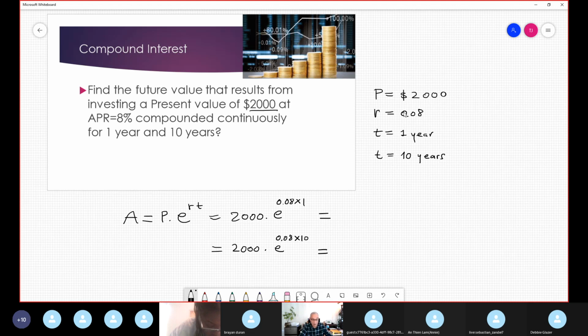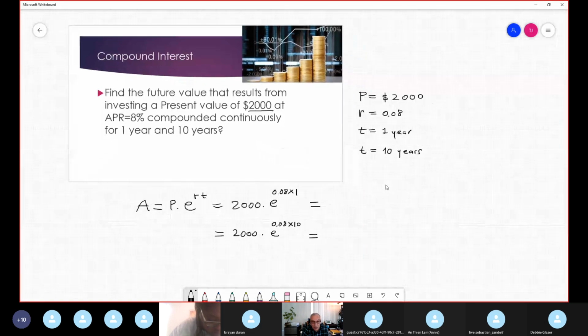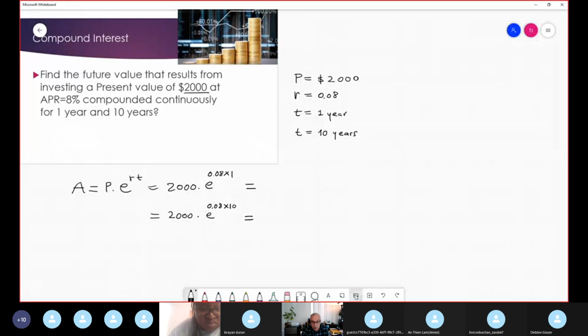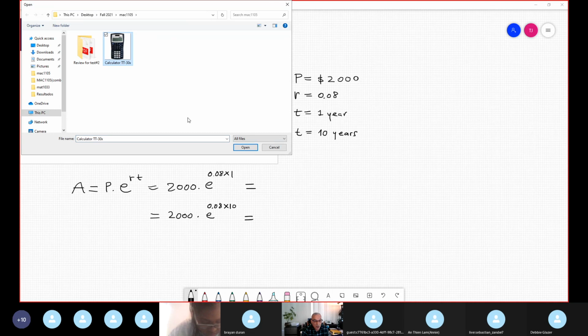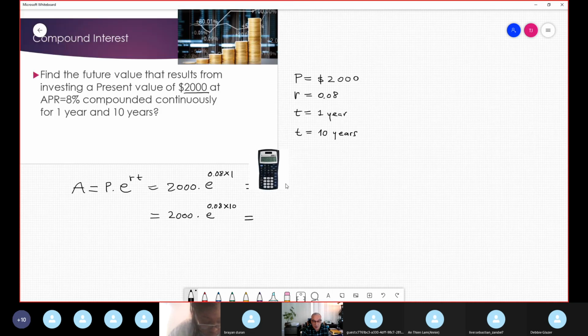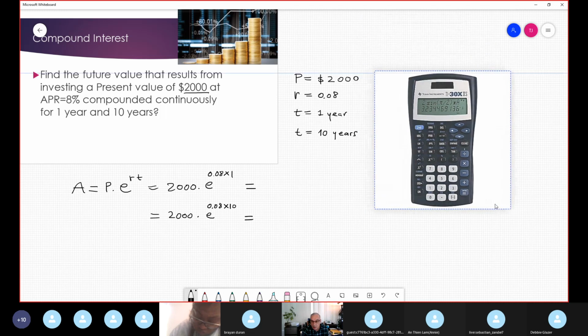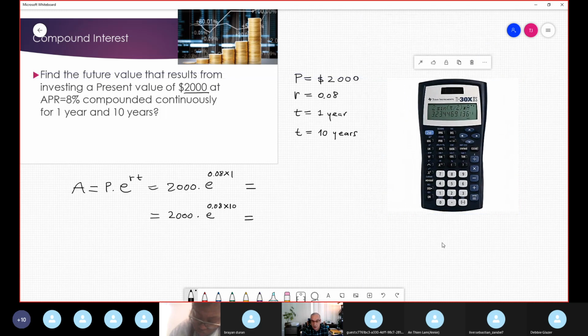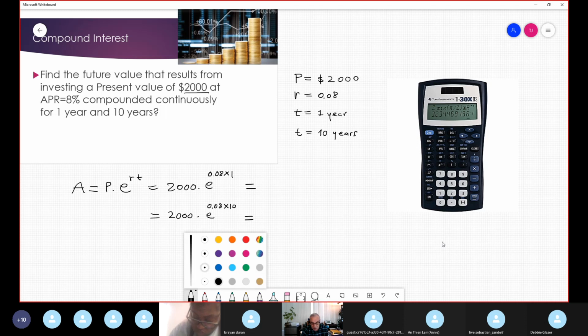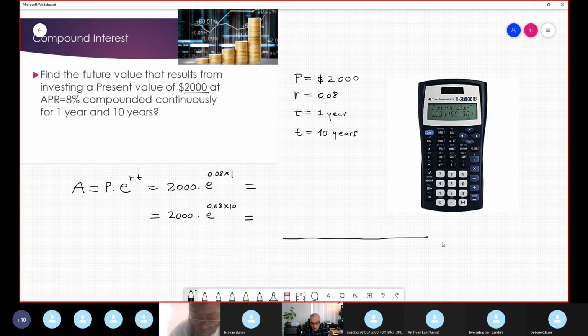So I want to explain how you find that in your calculator. This is my calculator, and now I simulate the display of my calculator.